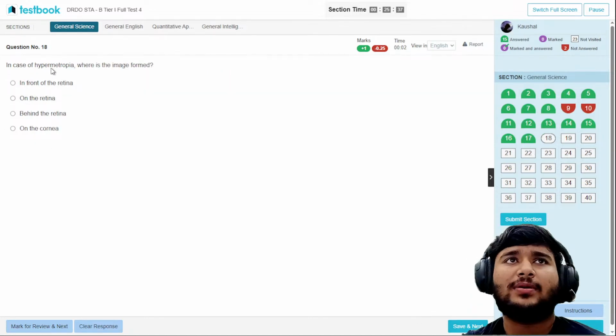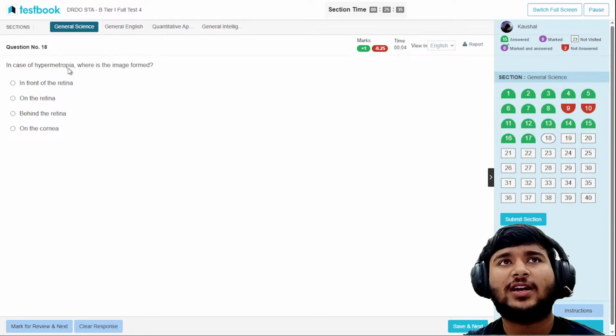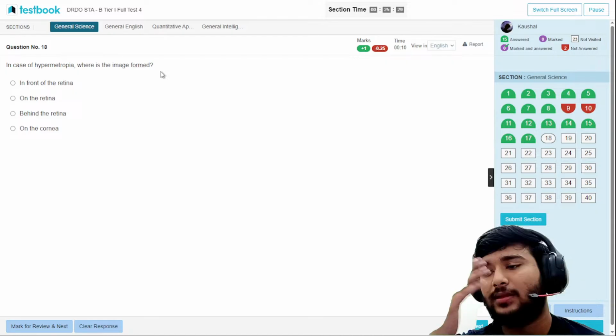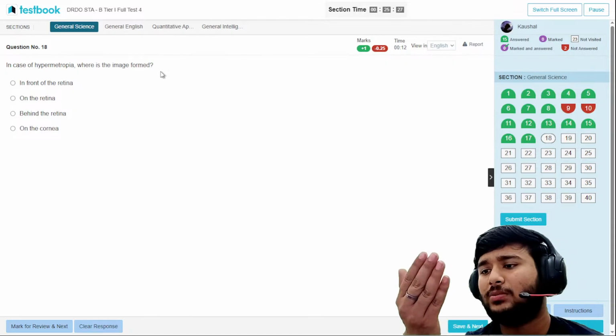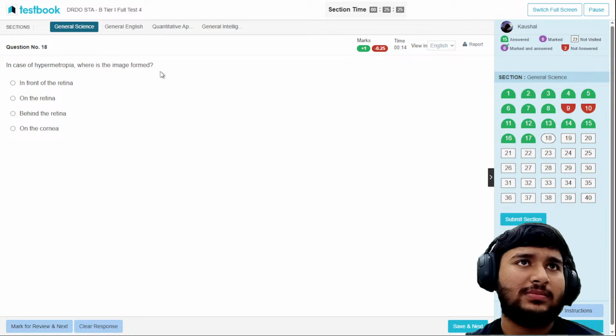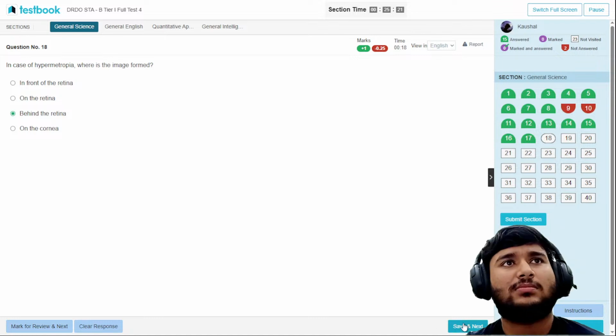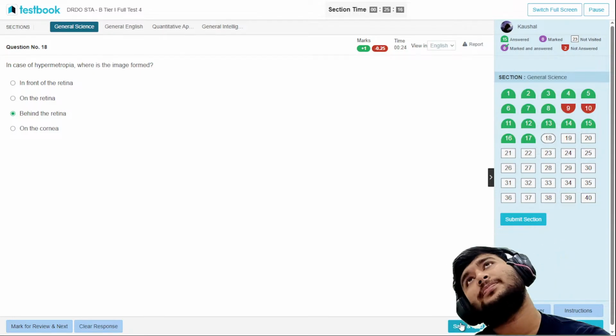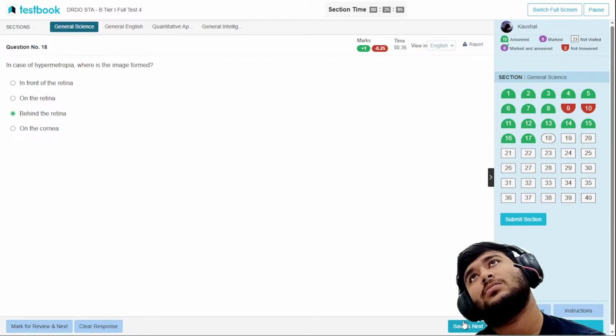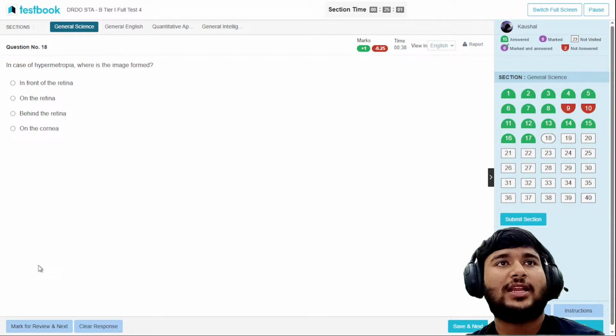In case of hypermetropia, the farsightedness, where is image formed? दूर की चीज देखती है, पास की चीज ब्लर हो जाती है तो पीछे दिखेगी. पता नहीं मुझे इसका 100% श्योर नहीं हूँ.